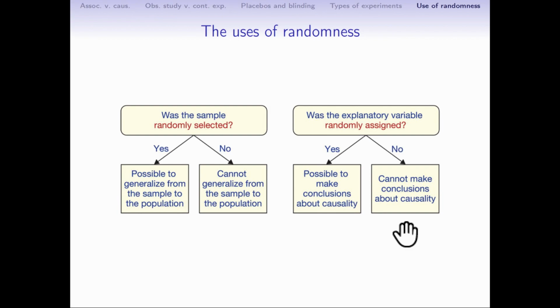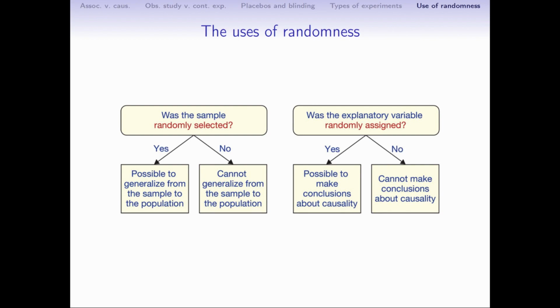If you did not randomly assign your volunteers to those groups, then you cannot make conclusions about causality. It just can't be done. You may have unwittingly introduced other possible explanatory variables into the situation, and therefore the response that you're seeing may not be a product of the one explanatory variable that you're interested in.